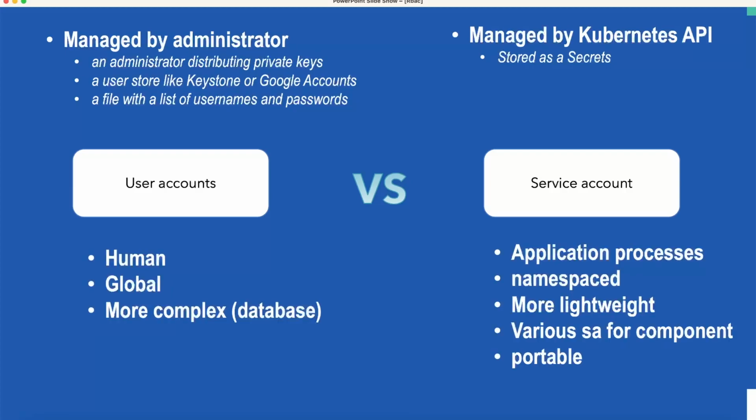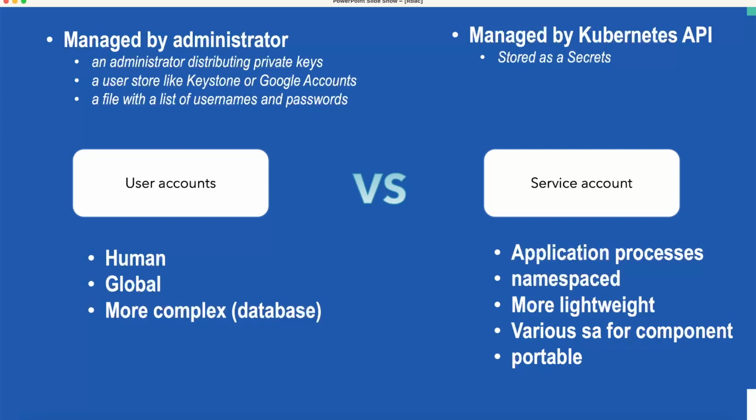But let's see the difference between user accounts and service accounts, and when we should use the user account and when we should use the service account. User accounts are for humans. It means that if you want to add a user to the cluster, like Sina for example, or a group like the web team or the data team, you need to create user accounts.